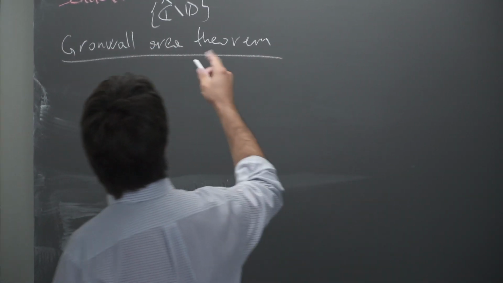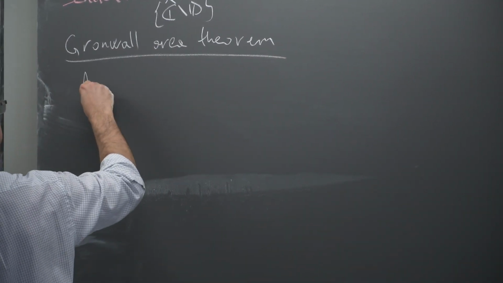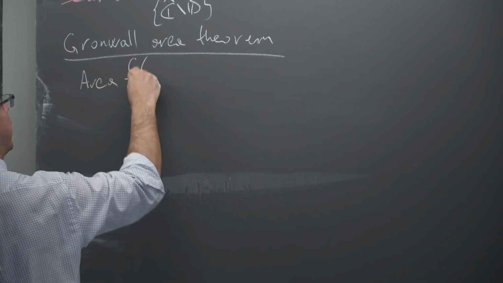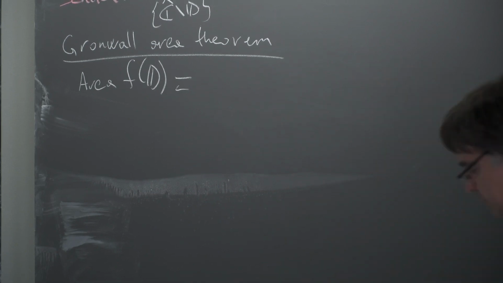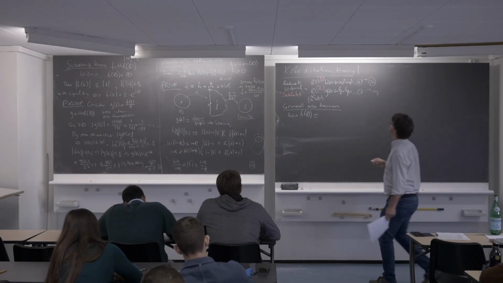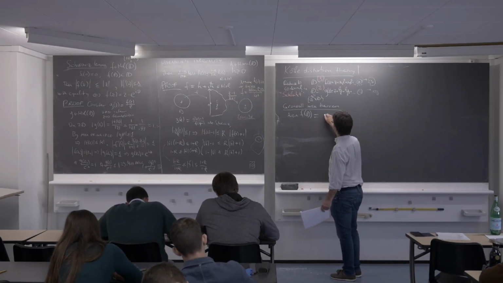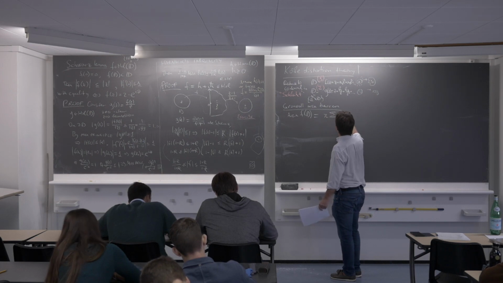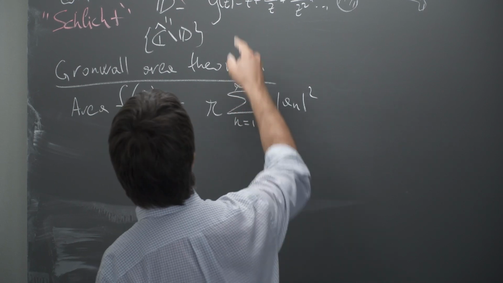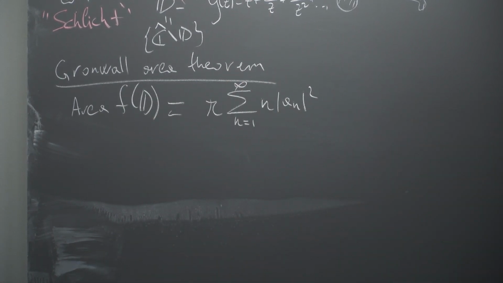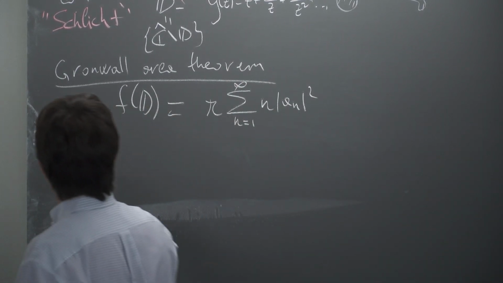And it says that area of f of the unit disk can be written in terms of coefficients. And it's a sum, it's pi times sum of n absolute value of a n squared, n from 1 to infinity. So the first coefficient is 1, and then the rest.